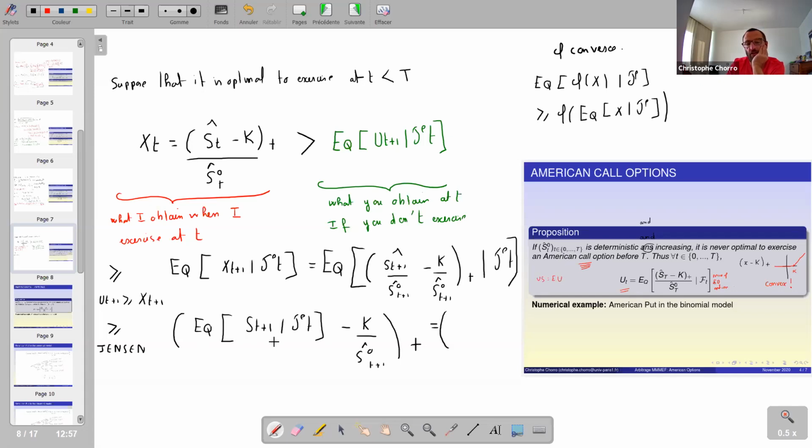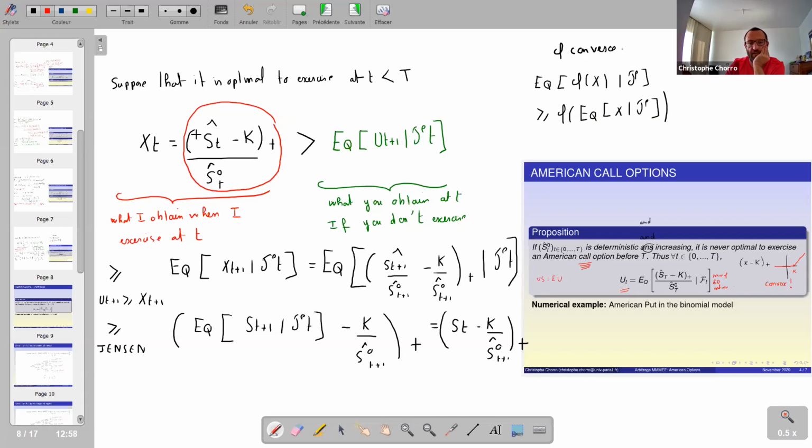Don't forget that Q is an equivalent martingale measure. So here I have simply S t minus K over S0 t plus 1, positive part.